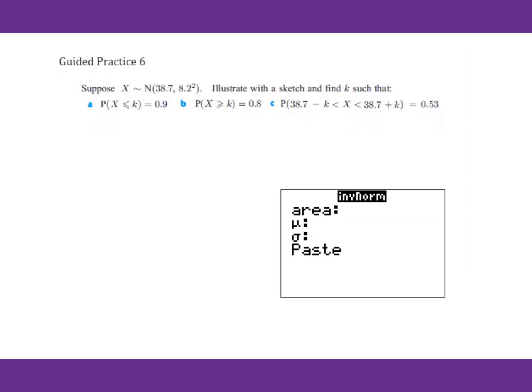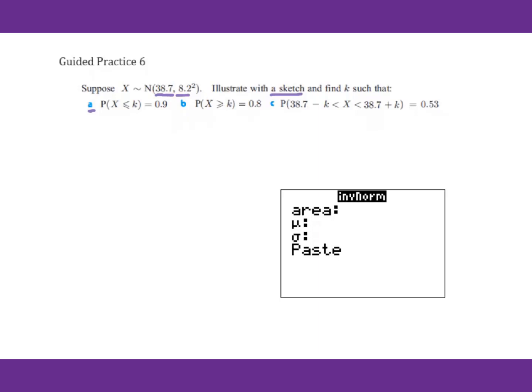Let's go to guided practice 6. Suppose x is distributed as a normal distribution with mean 38.7 and standard deviation 8.2. Illustrate with a sketch and find k in cases such as A. Probability x less than or equal to k is 0.9.